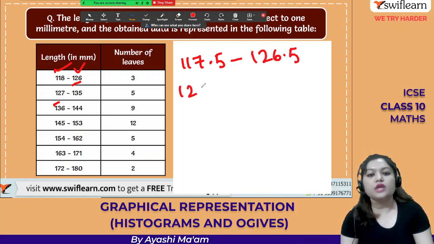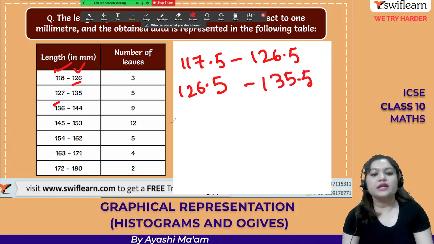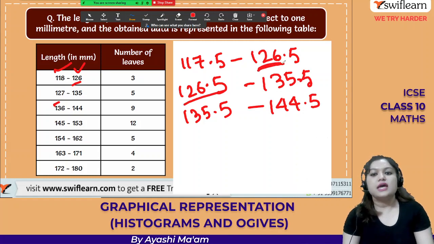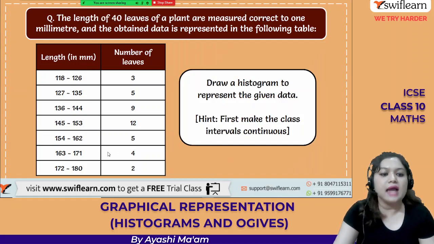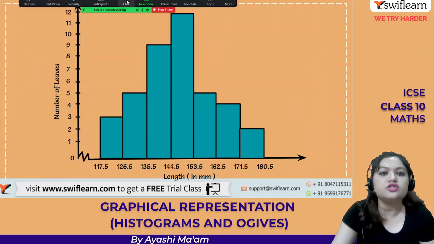Next one will be 127 minus 0.5, that means 126.5 to 135.5. 136 minus 0.5, so 135.5 to 144.5. Can you see? Now it has become continuous, ending at 126.5, starting at 126.5. Now it is continuous, and now you can easily plot your data.